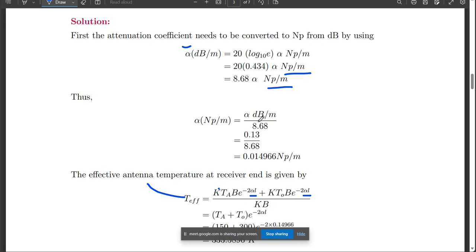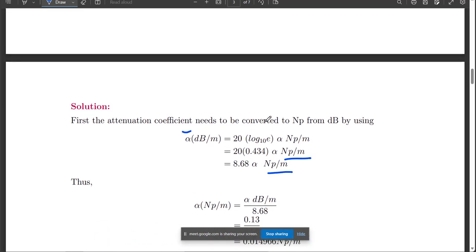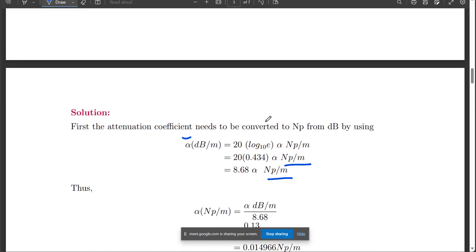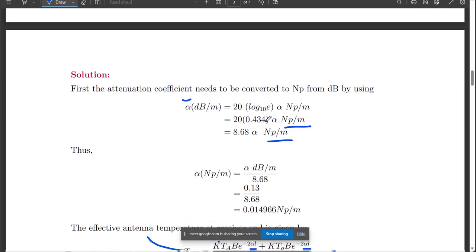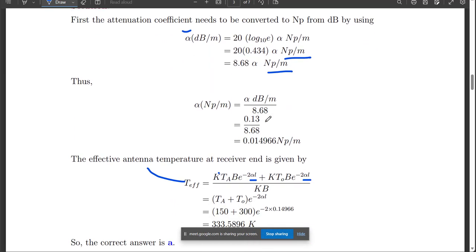So first try to find out alpha in Nepers per meter, and then we'll solve for the effective temperature of the antenna at the receiver end.